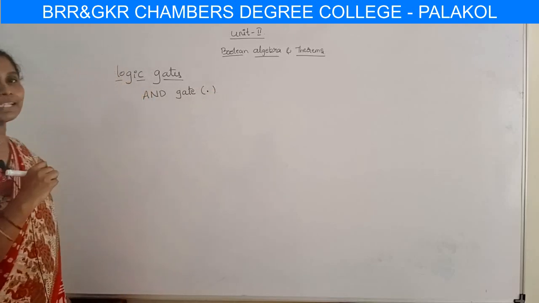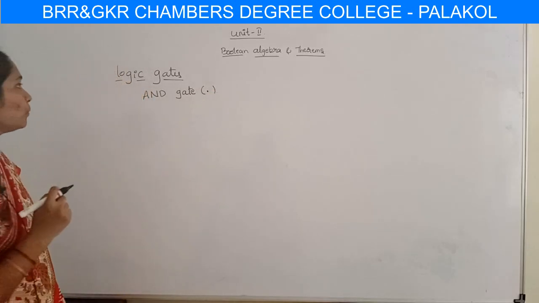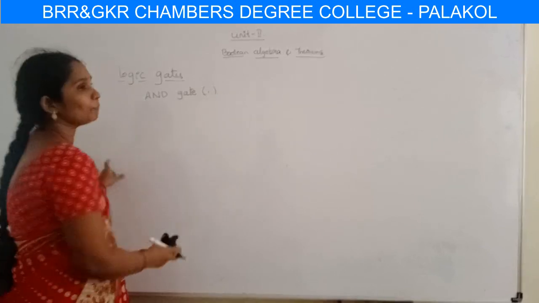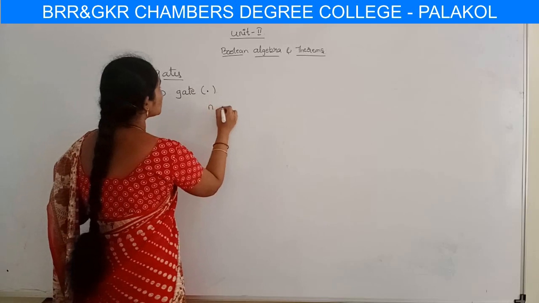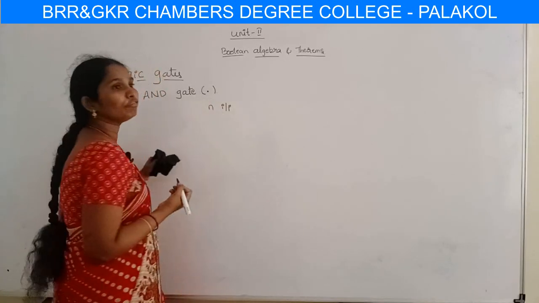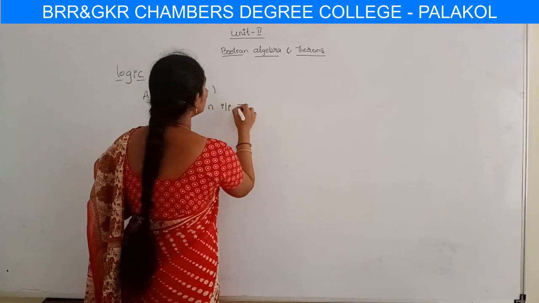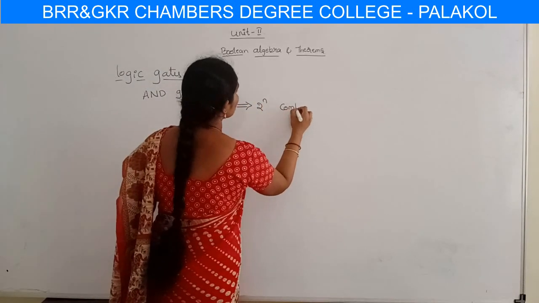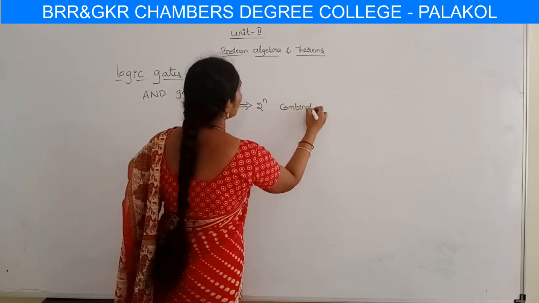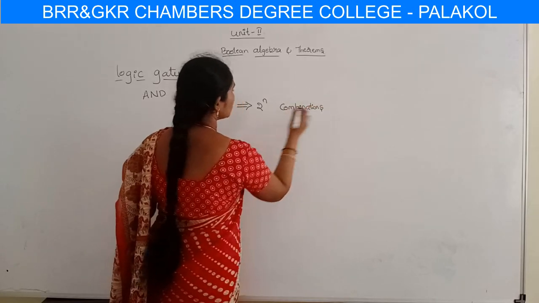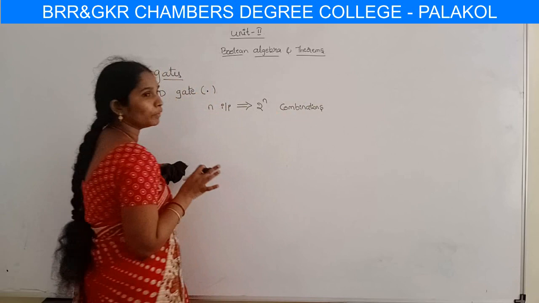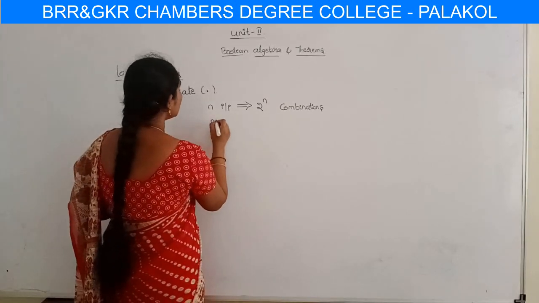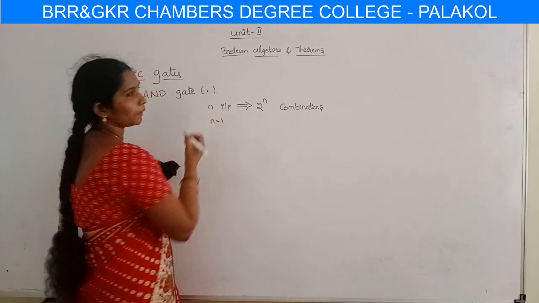Okay, so in the last presentations I told one important point. So for example, if any circuit we apply n number of inputs, that circuit will produce 2 power n number of combinations. It is not outputs, it is combinations, that means the input combinations. For example, I consider n is equal to 1.